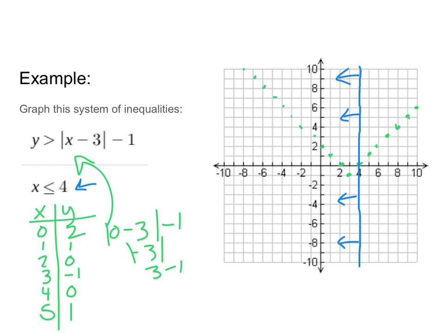And for the absolute value, that is y is greater than or equal to. So I'm going to guess that those are the points above. Like so. So then what's the region that works for both of them?